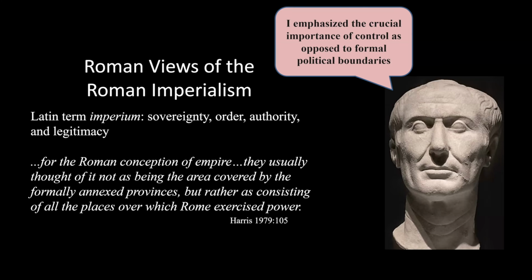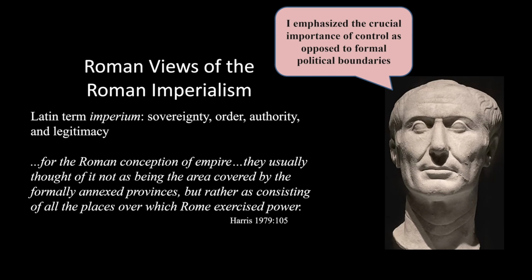If you read Caesar and also works on Roman history, they talk about not so much territoriality as a goal for imperial expansion, but control over people, control over political networks.